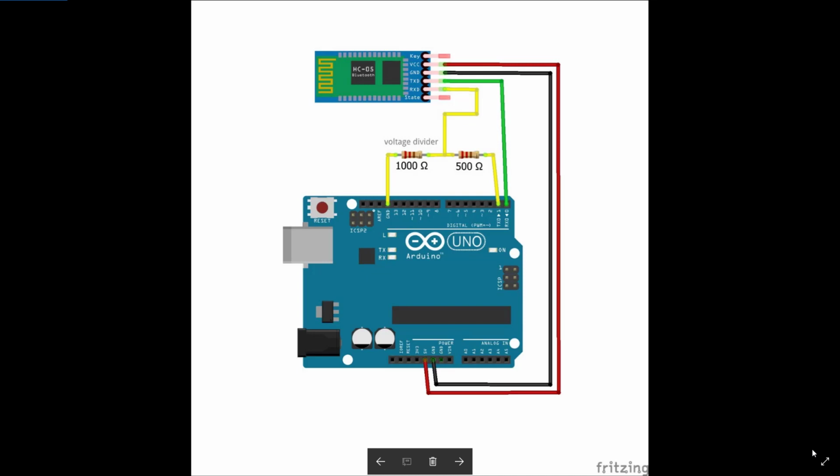So just to be on the safe side, I'm using a simple voltage divider to attenuate the signal level from the Arduino TX pin. The resistance ratio between the two resistors in the voltage divider should roughly be 2 to 1.